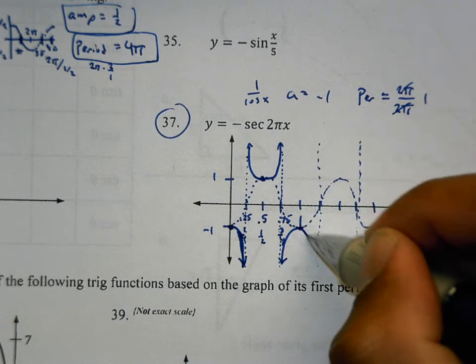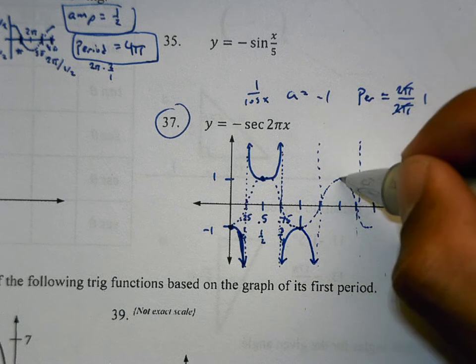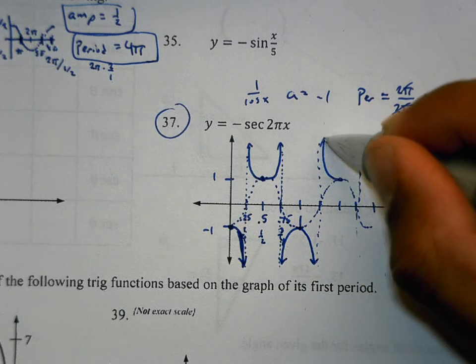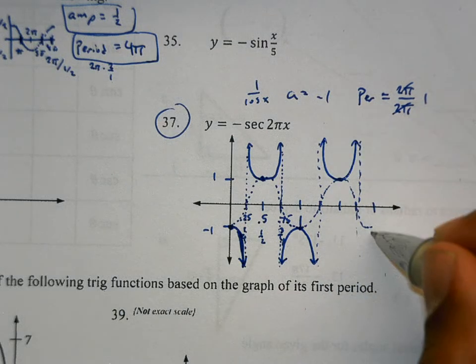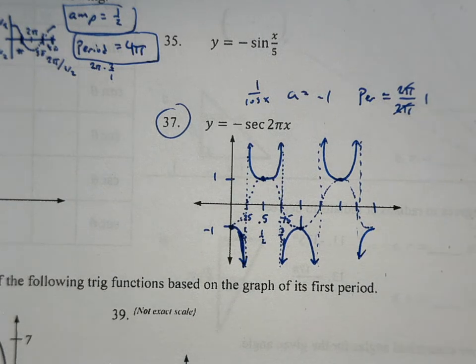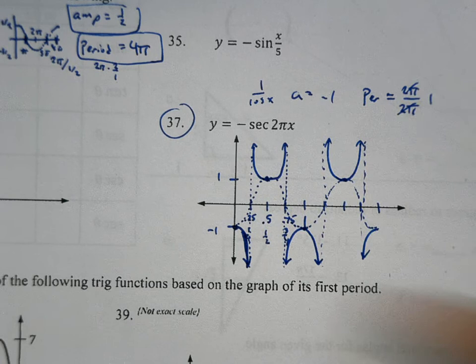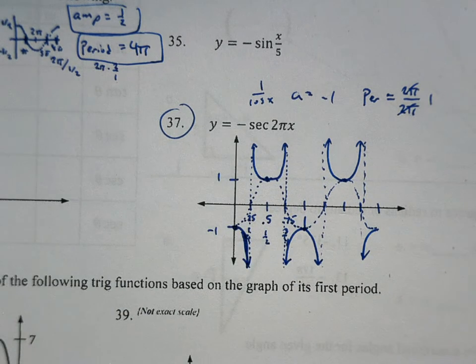I'm going to finish creating what this graph would look like for 2 periods. That's a lot to remember. It comes back to you though once you do it a lot. If you need more notes, take a look at the Unit 9 notes.